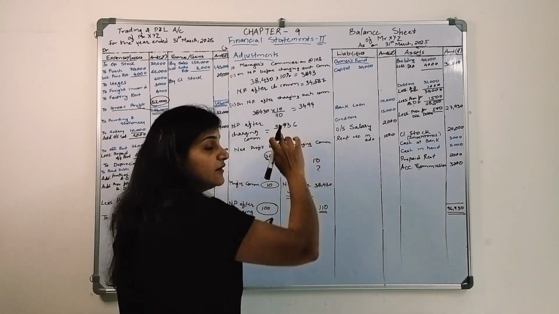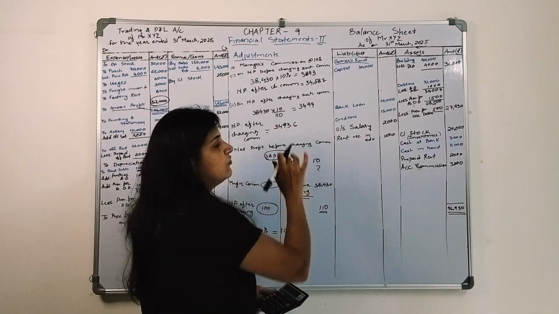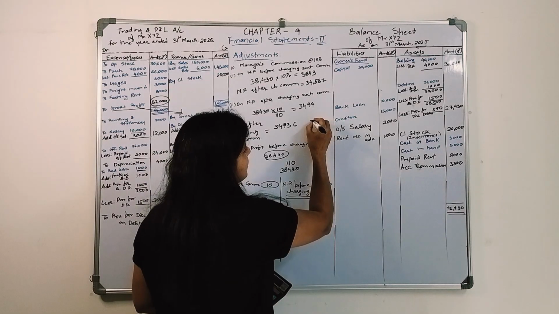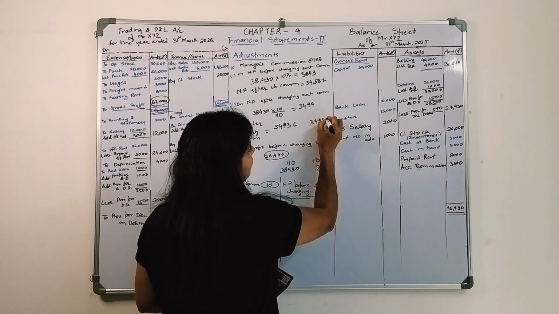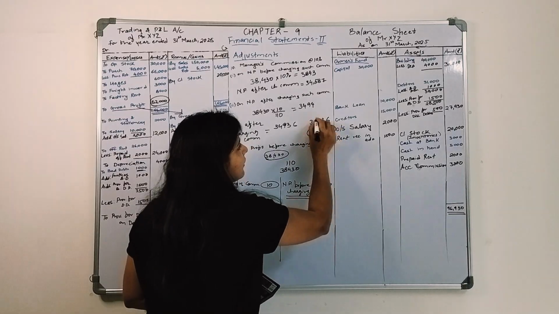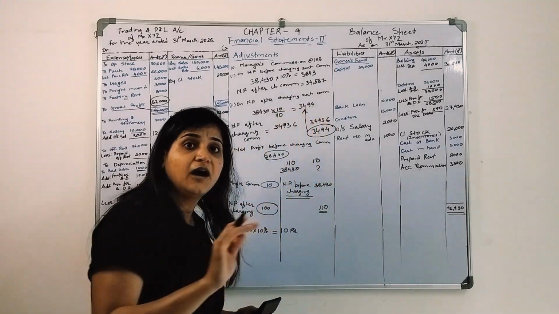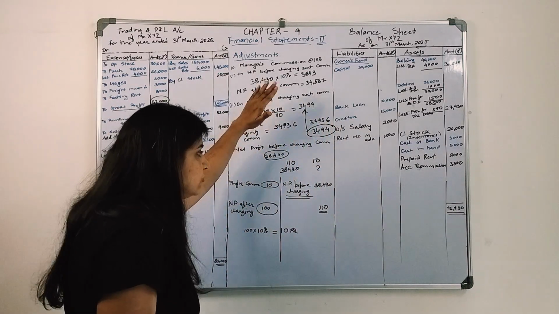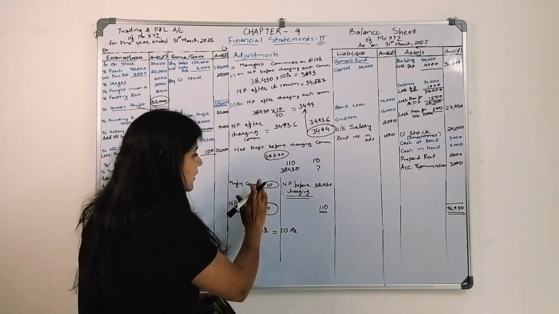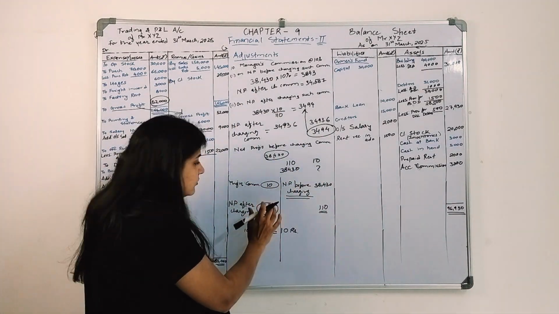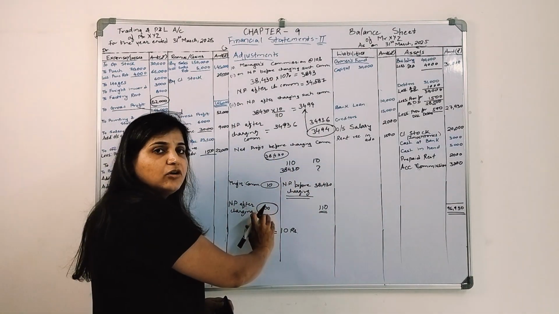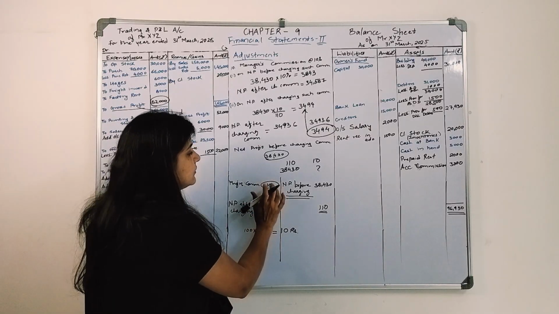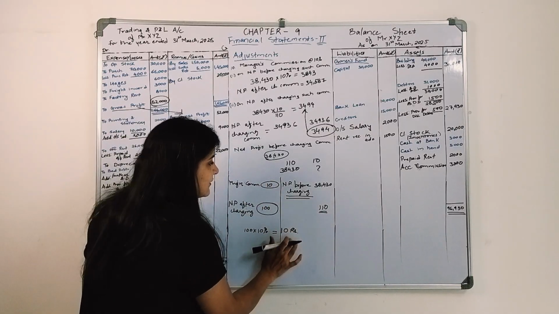Now let's see, is it correct or not? The 10% of 34,936 is how much? 3493.6, let's round it off. It is 3494. Got it? Understood? We just have to assume, since we are not given this amount, that if it is 100, we need to give 10% of it, that is 10 rupees.